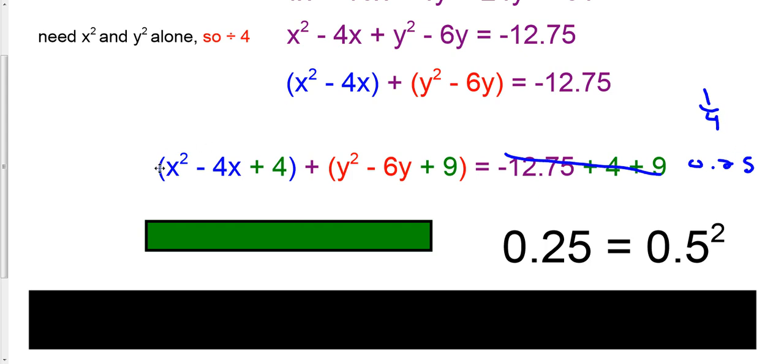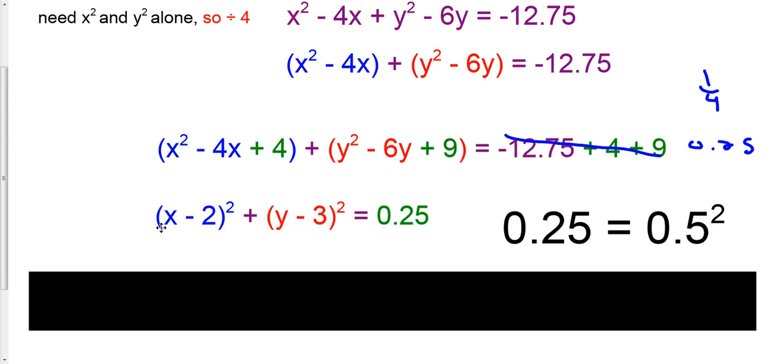So, again, factoring this out, that's going to be x minus 2 squared, because we're asking what numbers multiplied together and added together would give us those two pieces. So that's going to be negative 2 and negative 2.